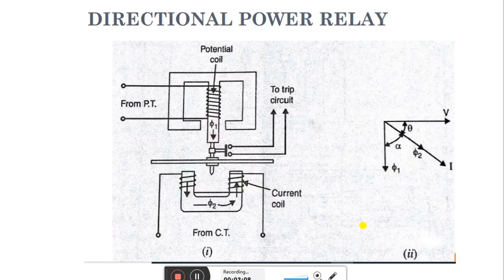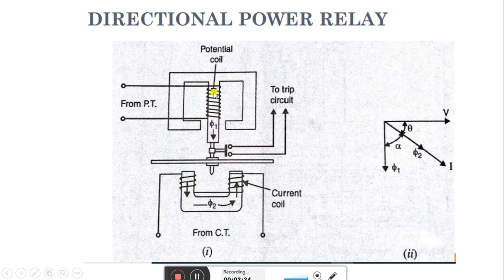So this is the circuit diagram of the directional power relay. Here we have two electromagnets: one on the top, which is E-shaped, and another at the bottom, which is U-shaped.